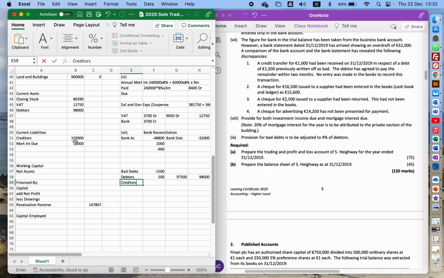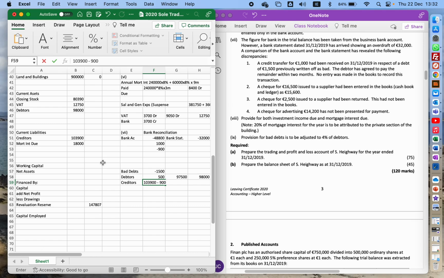Now I notice creditors here. I've already done something with creditors. Okay, so 103,900. When I pay a check and I have to increase the value of that check by 900, that means I need to take 900 away from my creditors.